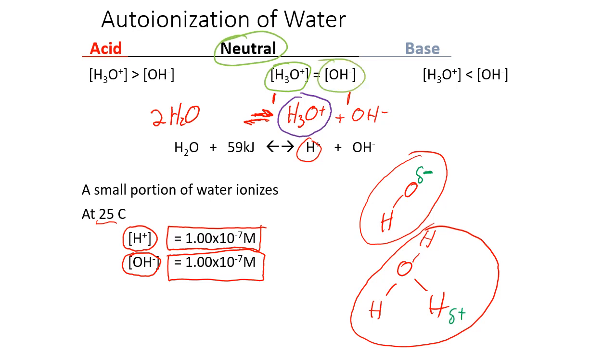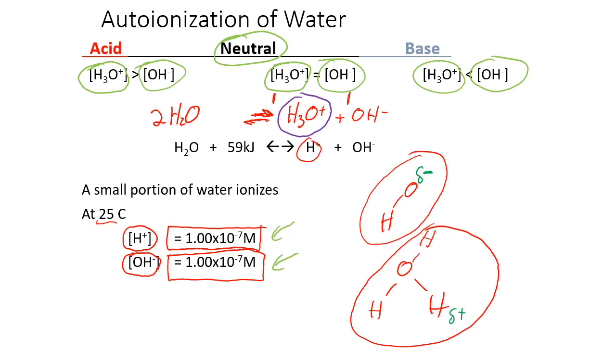What an acid is, is when hydronium is greater than hydroxide, and a base is the opposite, when hydroxide is greater than hydronium. So even though the water is producing hydrogen ions and hydroxide ions, it's still neutral because the concentrations of hydroxide and hydrogen ions are equal.